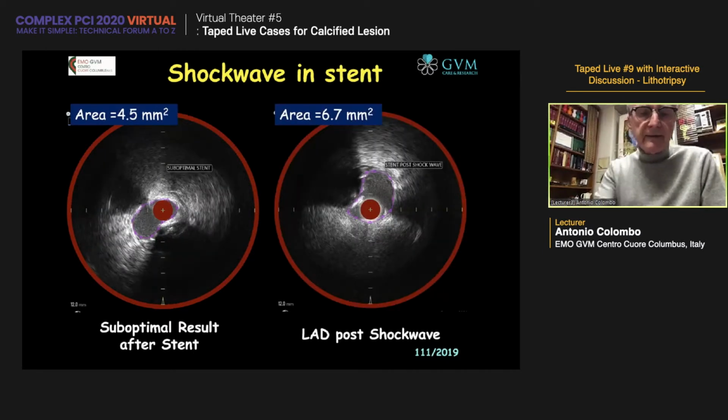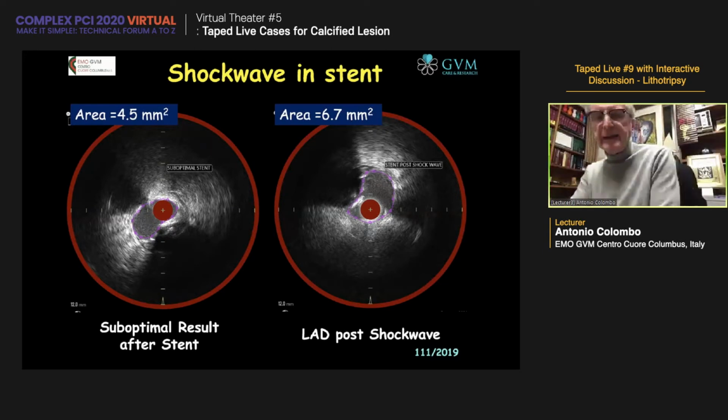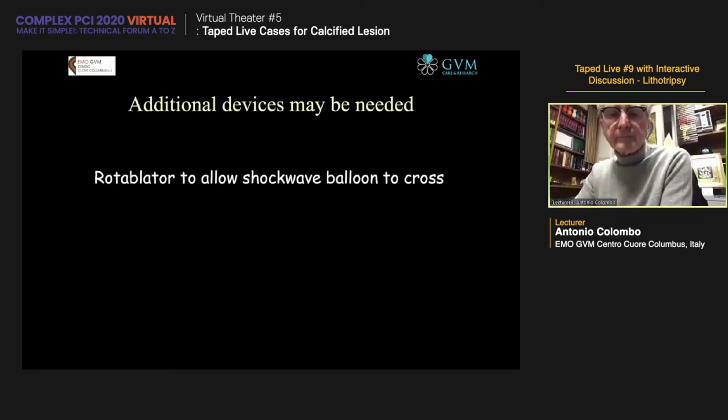This is again the summary. At baseline, you see the focal calcium with asymmetric expansion of the stent. After shockwave, there is a better stent expansion. The area goes from 4.5 to 6.7, but still you see an asymmetric expansion. As I said at the beginning, do not assume that shockwave is the solution for everything.